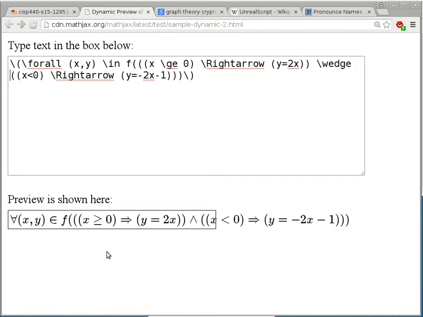So if x is actually negative, then this side is true because of the implication. When the premise of an implication is false, the implication itself is automatically true. So that takes care of this entire side being true. But because it's a conjunction, you also need the other side to be true.